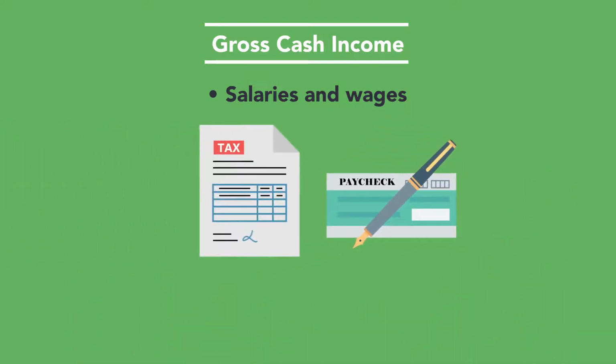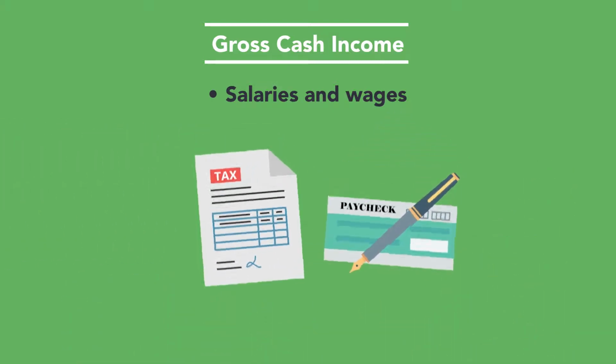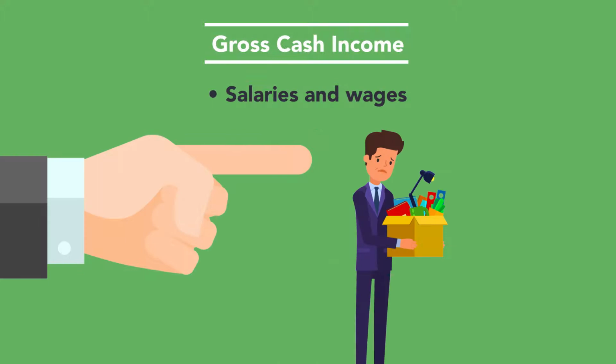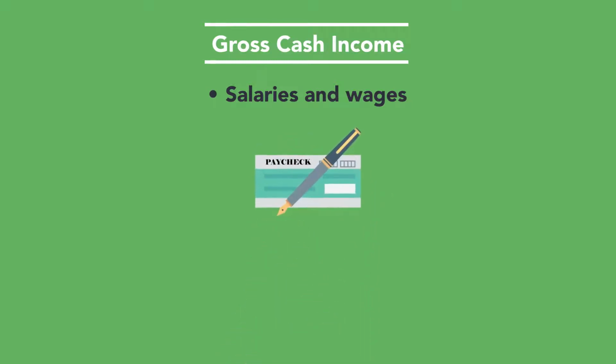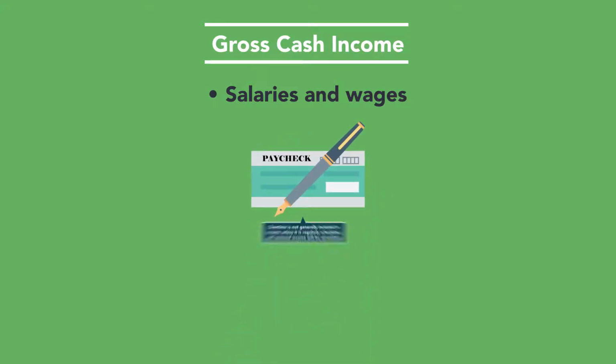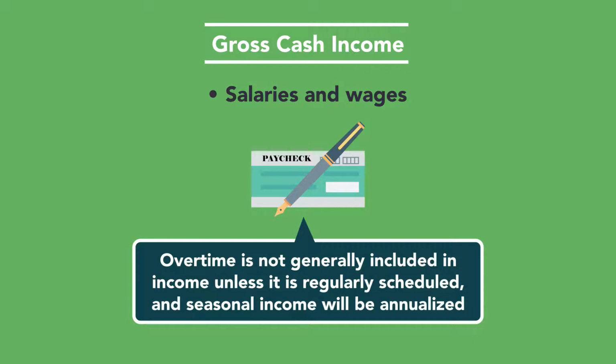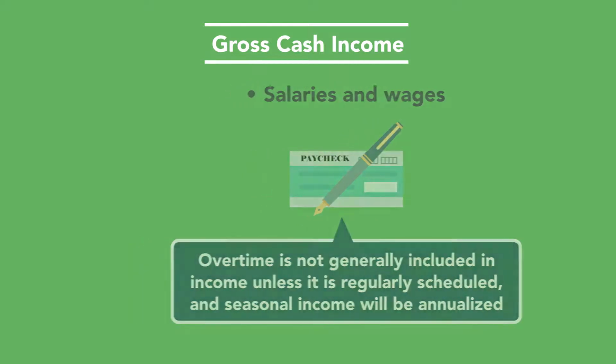Most of the time, this is determined from tax returns. If there has been or will be a change in income, then that change must be considered. If there are no tax returns, the court can use any statement of income, such as pay stubs. Overtime is not generally included in income unless it is regularly scheduled. Seasonal income will be annualized.